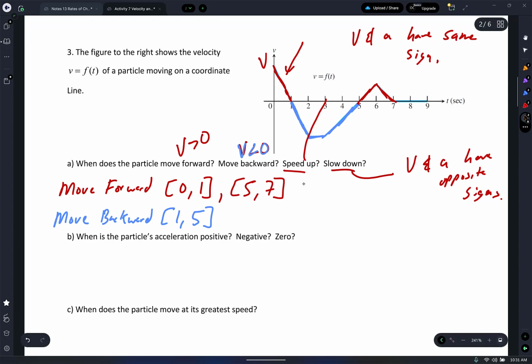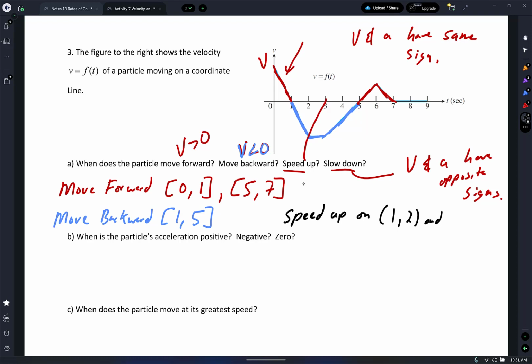Okay, so let's put this in here. I'm going to put it in black because it's just neutral. Speed up, use parentheses, on 1 to 2, comma, and 5 to 6. And I think that's it.